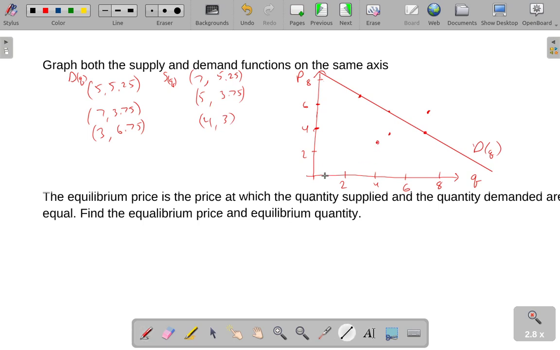Alright, it looks like those 3 points are about there. Let me see if I can adjust that. No, I can't. Okay, whatever. So, this is my supply curve.